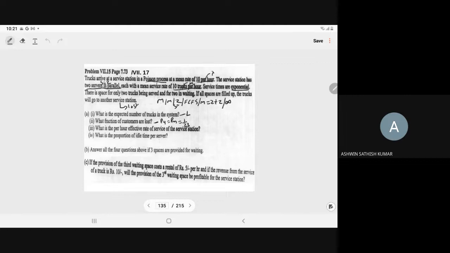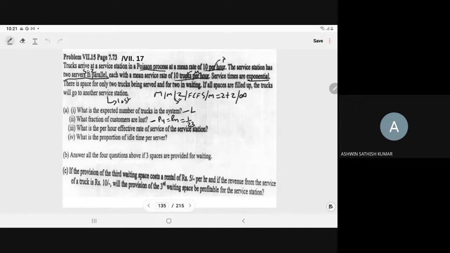Then after, what is the per hour effective rate of service? Effective rate of service for the service station. So effective rate, that is the mu bar. We know that for the steady state it is equal to lambda bar, and for the M/M/S/M system we have computed this is equal to lambda into 1 minus PM.